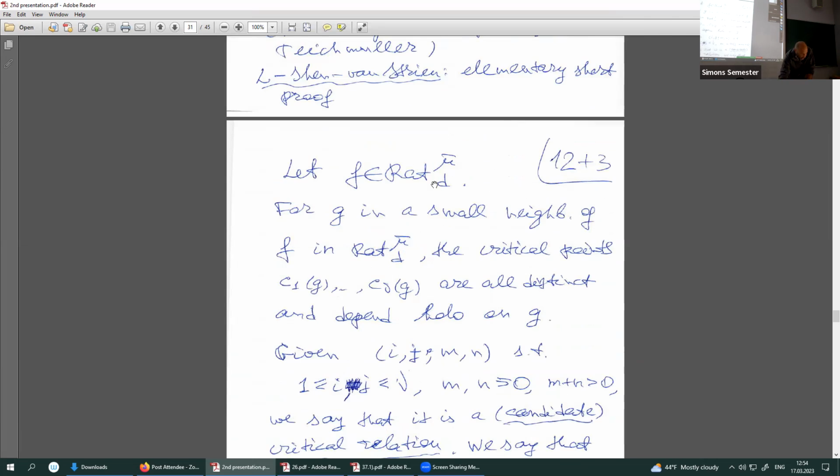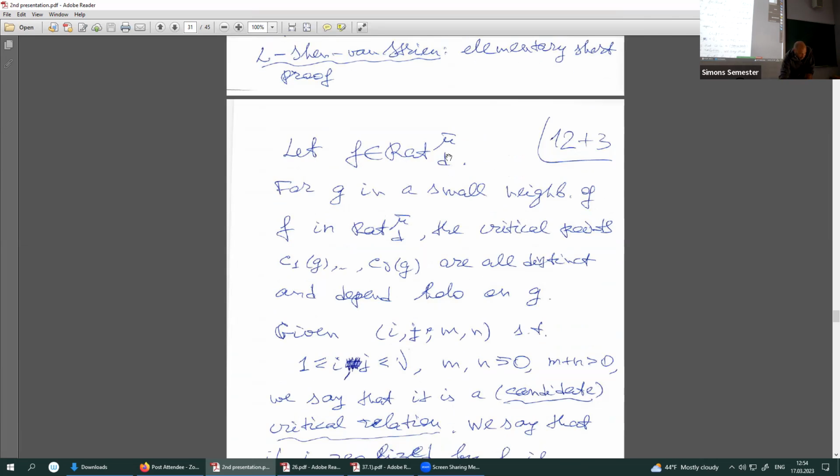So we have now, given f, this space of maps. Okay, now what next? So we have this f, and we consider g in a small neighborhood of f, and by definition, all critical points of f move holomorphically with g, okay, by the definition actually of this space.